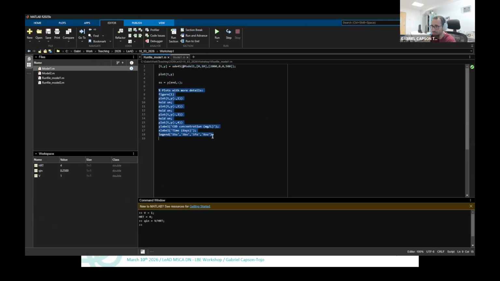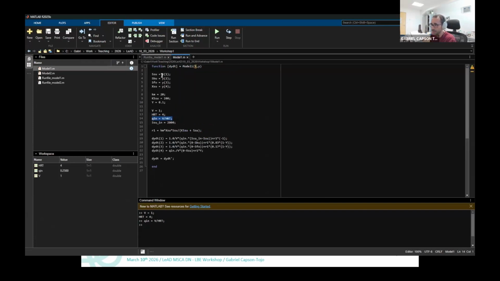Basically, the only thing this is doing is creating the plot. What you're saying here is create a plot named figure 1 that shows t and the first row of the y matrix, which, as we know from here, y1 is sugars, y2 is butyrate, y3 is formate, and y4 is biomass.